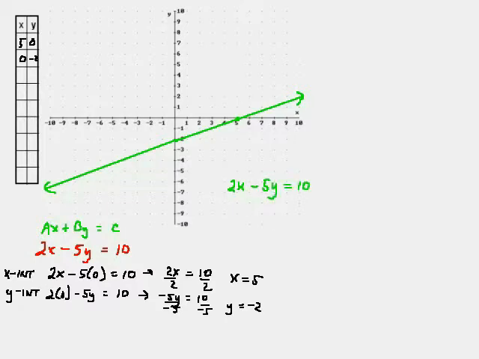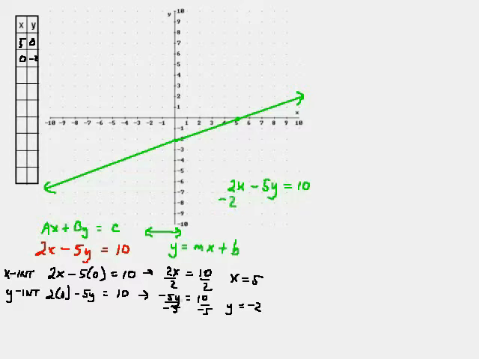If you look in your formula sheet, that second box, we are now going to change from standard form into slope-intercept form, and that is y equals mx plus b. And we're going to talk about graphing in that form and do a graph or two there. So notice the middle box says in order to change from one to the other, we need to solve the equation for y.